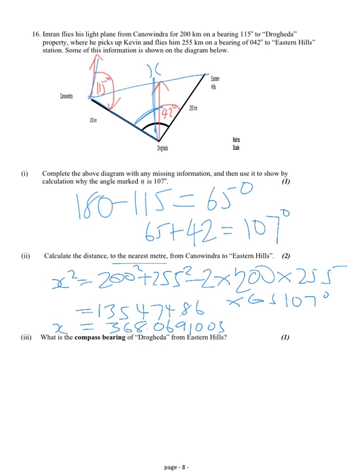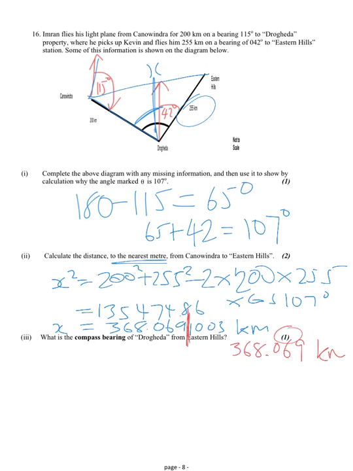Now, to the nearest metre, but it's in kilometres. So again, you can either times this answer by 1,000 to put it in metres, or if you're going to leave it in kilometres, we need to do 3 decimal places because there are 3 zeros in 1,000. So we're going to stop there. The 1 does nothing, so obviously it is 368.069 kilometres.